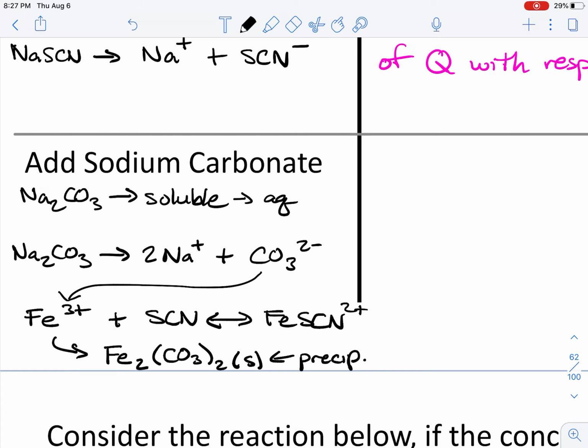And so when a precipitation reaction occurs, the concentration of this free iron is going to decrease. And so when it decreases, that alters the equilibrium. And so to counteract the change that was made, the equilibrium is going to shift to the left to compensate for the loss of the iron.